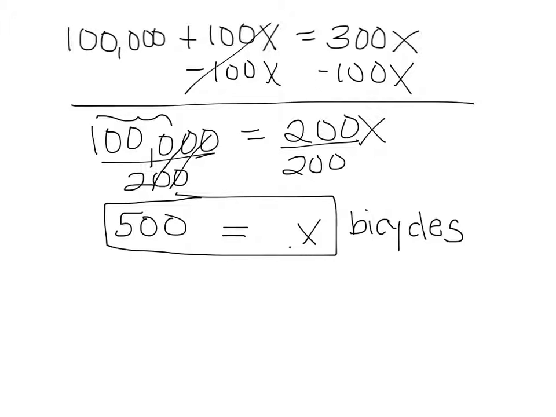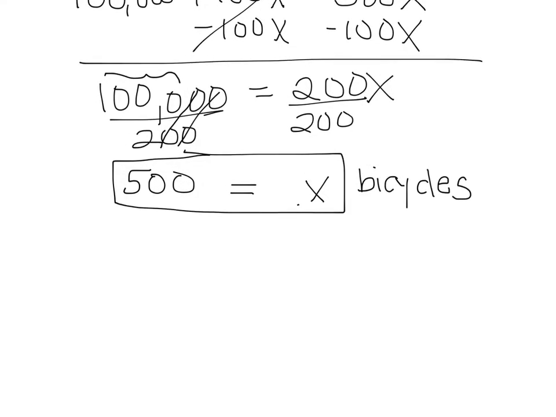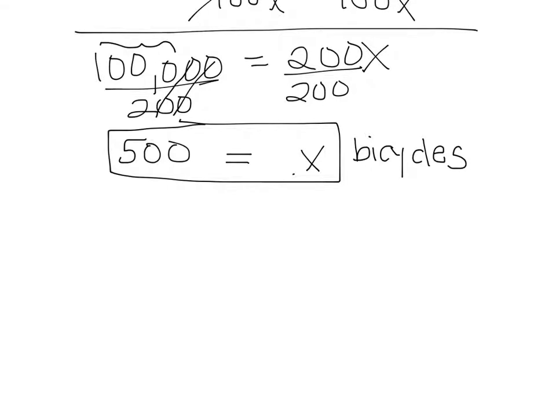So what's the cost, or rather, what's the revenue? I think my revenue was blue. Remember R of x is equal to 300x, but we know what x is.